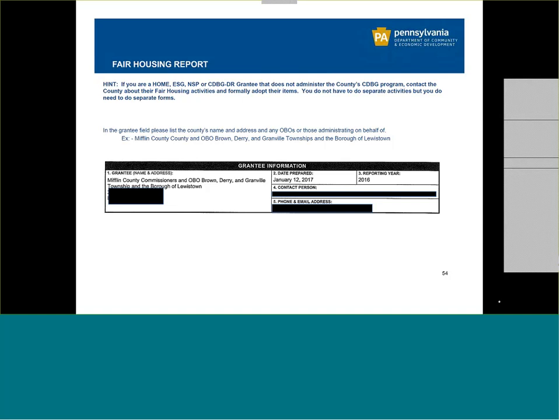This also goes for when you do your advertising for your fair housing officer, and for your resolutions. Even though the county is the grantee, you still need to delineate the townships and boroughs that are OBOs. And if there's somebody with a competitive grant, you would want to make sure they're delineated if they're under your plan. Everything else was filled out correctly for this.